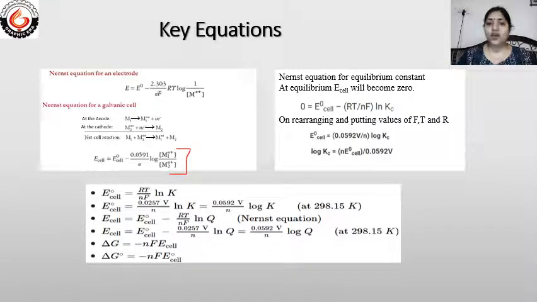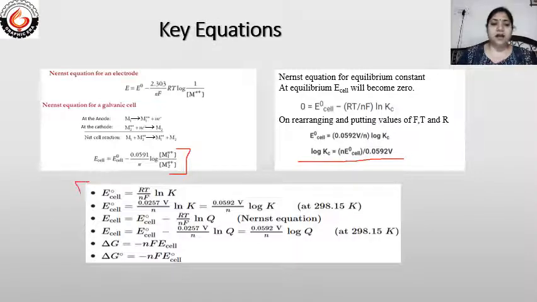Then on rearranging and putting values of F, T and R, the final equation will become log Kc is equal to n E naught cell divided by 0.0592 volt. So by using this equation we can calculate all the problems related to the equilibrium constant.